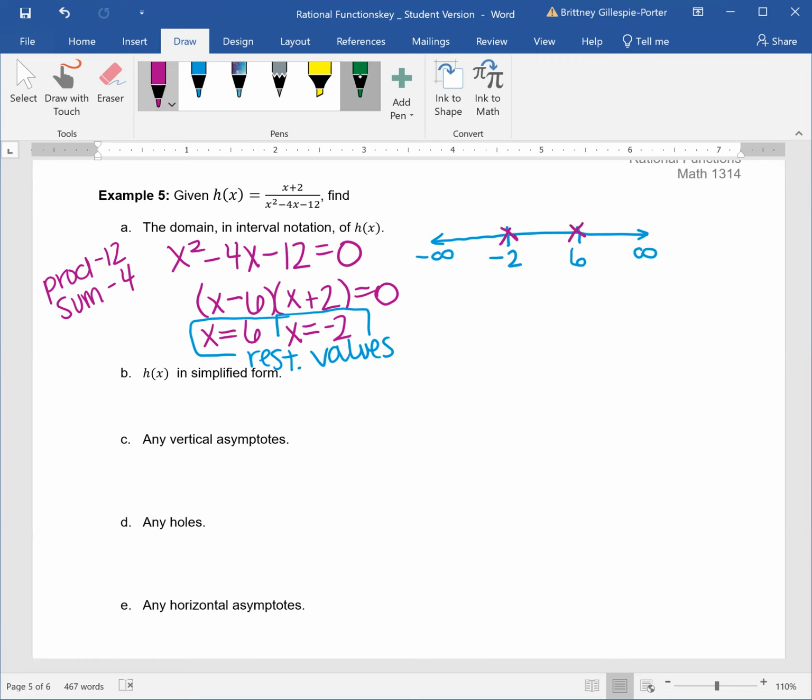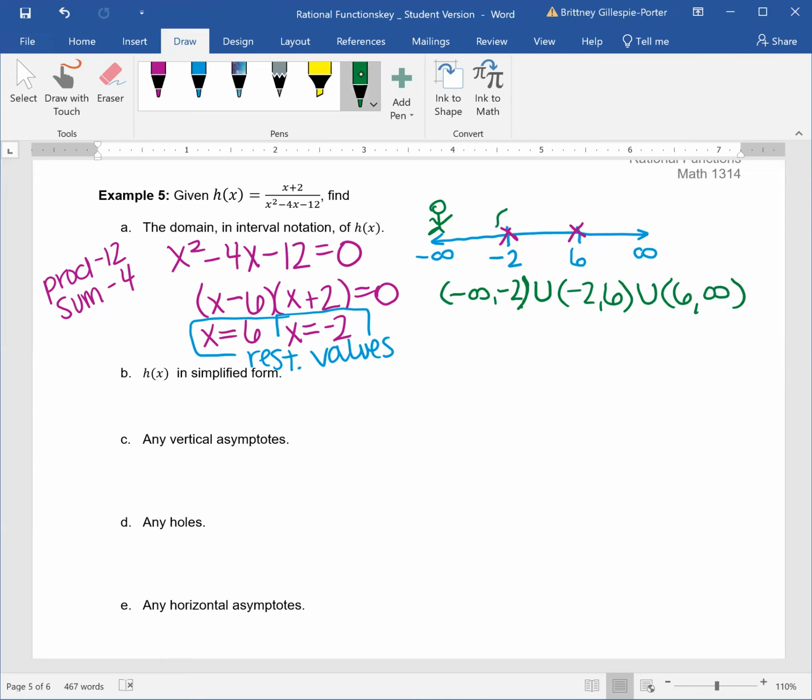Setting up our domain, working from left to right. Remember, we always start on the left side. We have negative infinity to negative 2, union, negative 2 to 6, union, 6 to infinity.